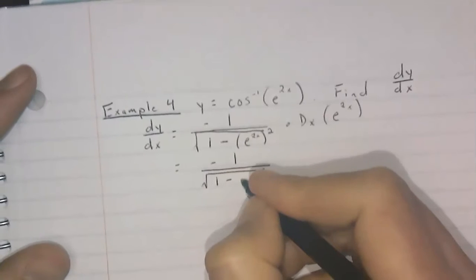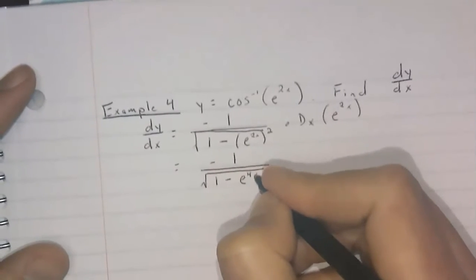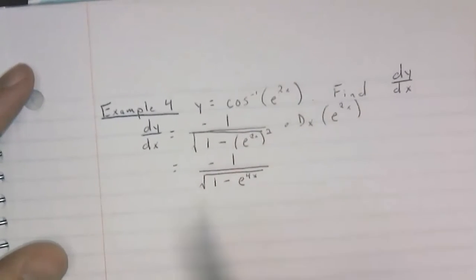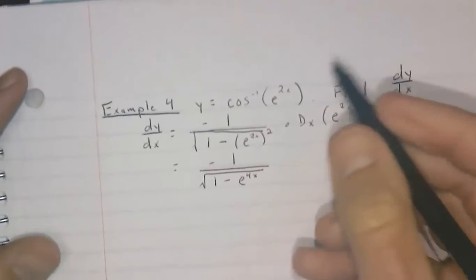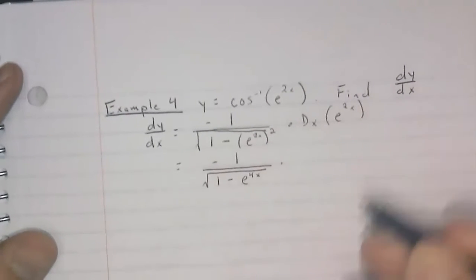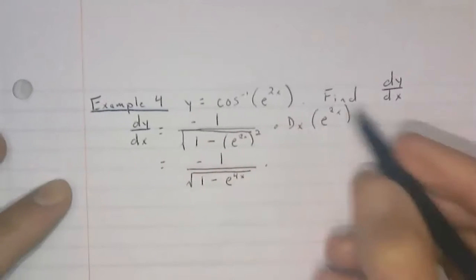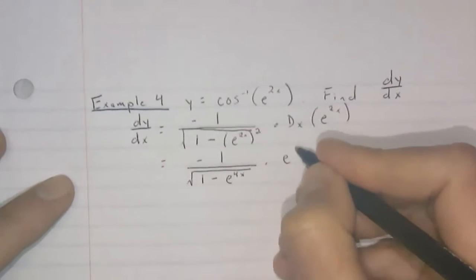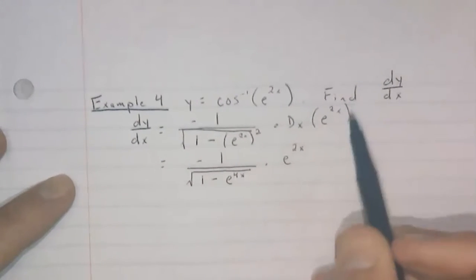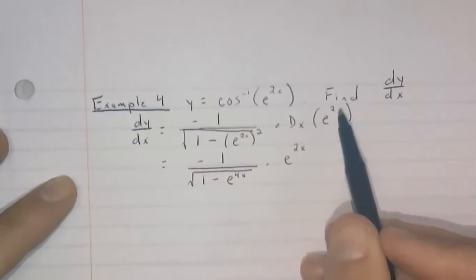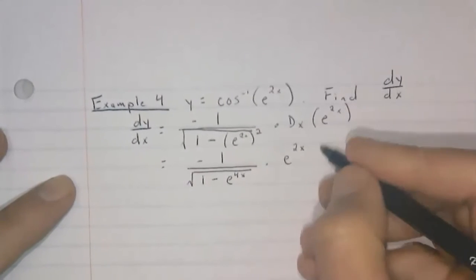Looks a lot like e to the 4x. The derivative of e to the 2x, which is kind of nice, drawn some previous chapter 5 knowledge. Well, the derivative of e is just itself, e to the 2x. But then we do have to account for any sort of chain rule with its exponent.